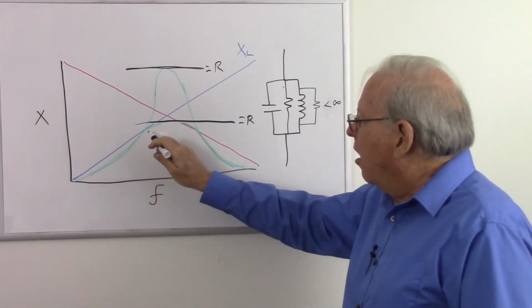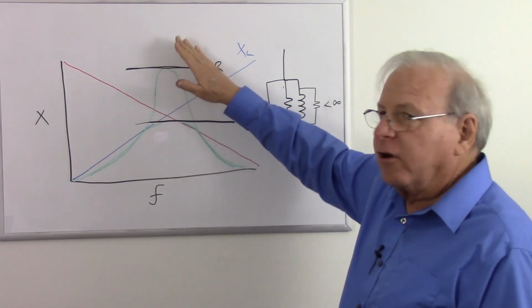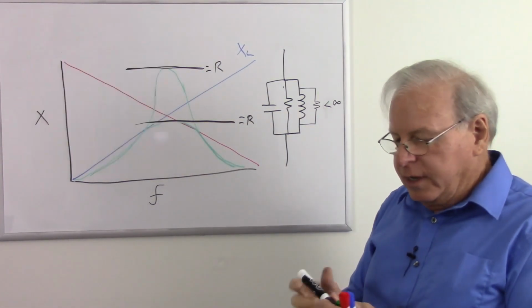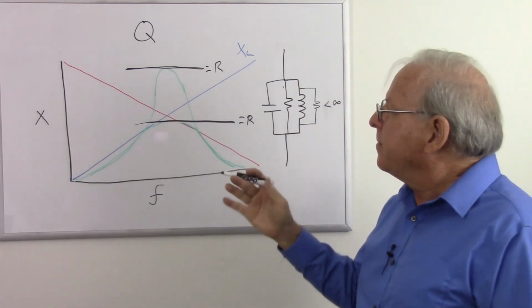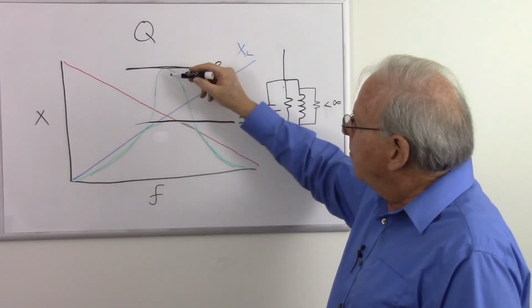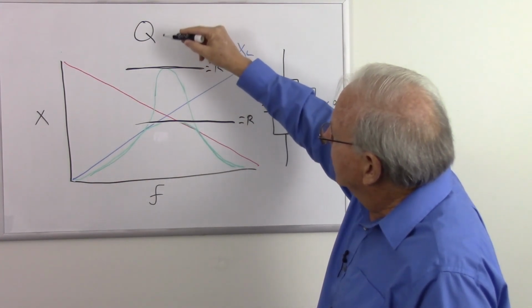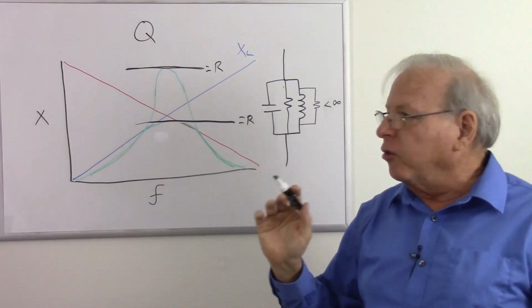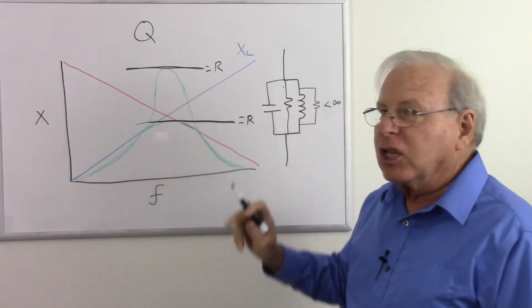And it rounds off my curve. And there's a name for the shape of this curve. That's called the Q, which comes from the word quality. And if we have a good sharp peak, the higher this goes and the more sharp those lines are, we have a higher Q. And when we have a lower peak with less vertical lines, we have a lower Q.